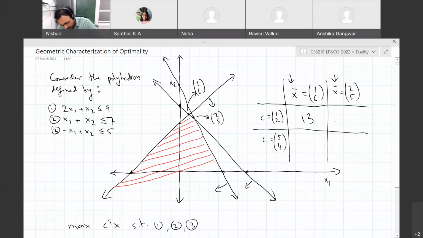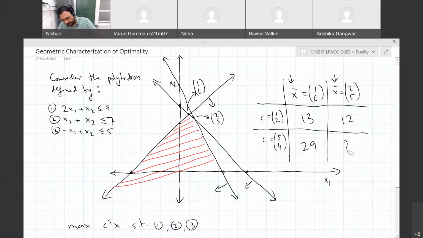What about this one? It's 2 times 1 plus 5 times 2, right? So that would be 2 plus 10, 12. Can someone tell me the two entries here? I think the first one should be 29. Right. And the next one should be 30.